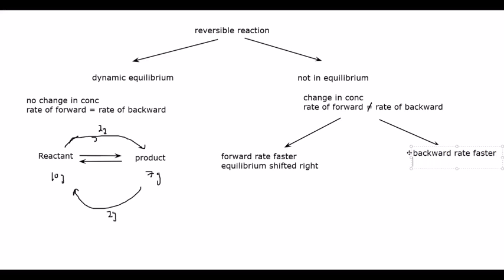If the backward rate is faster, we can use the term equilibrium shifted to the left hand side. So example, we have reactant and product for a reversible reaction.